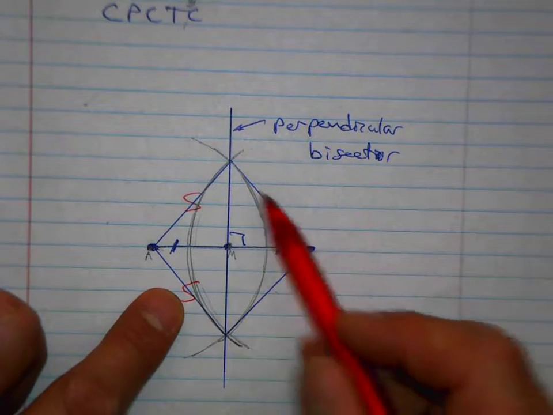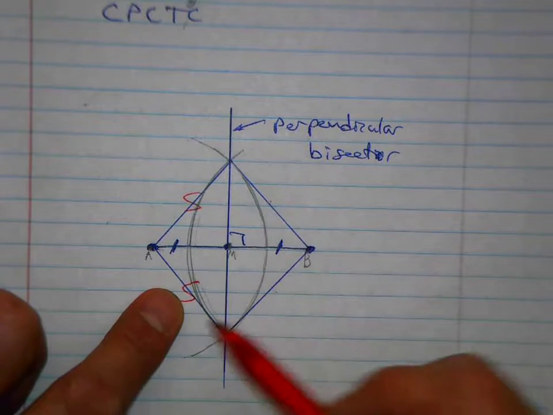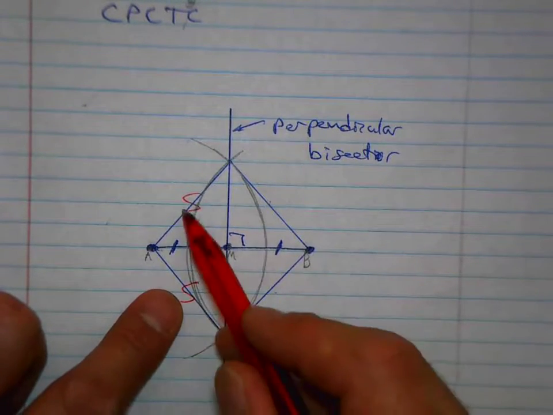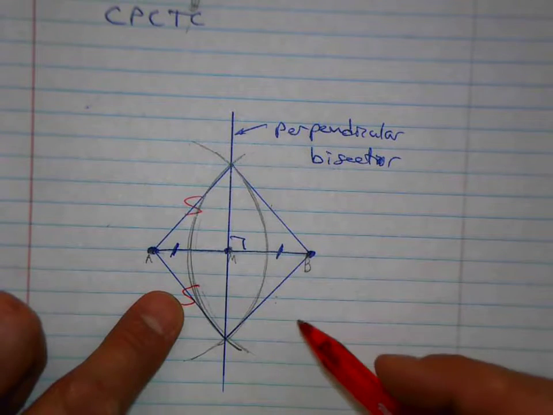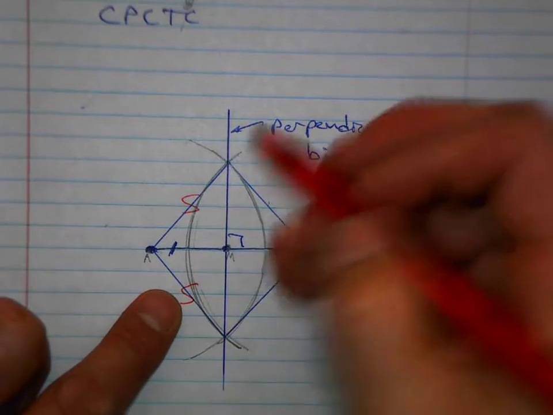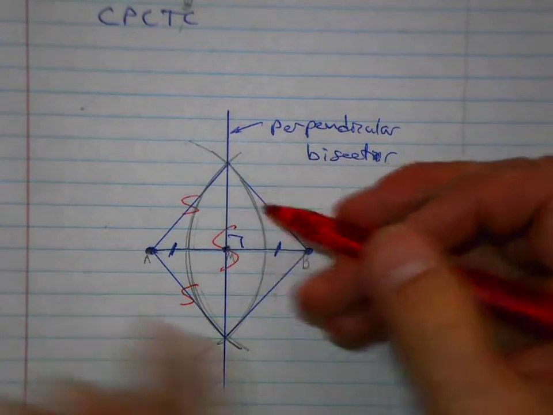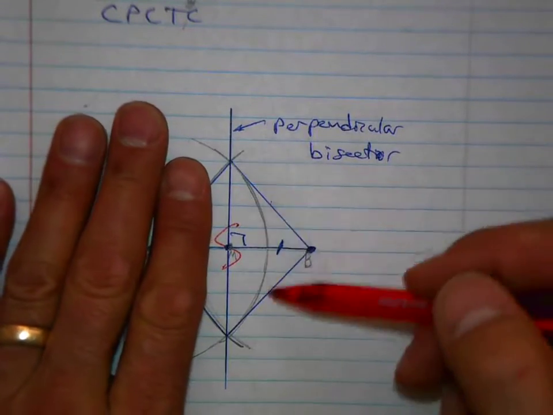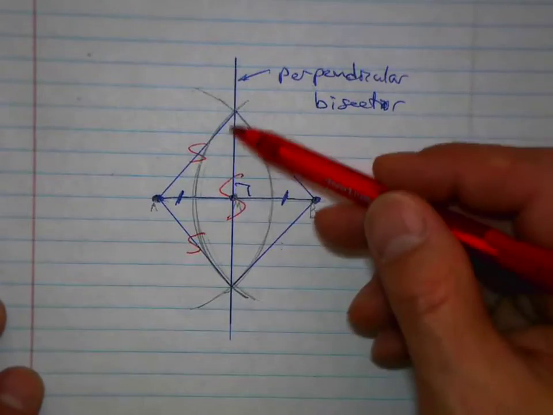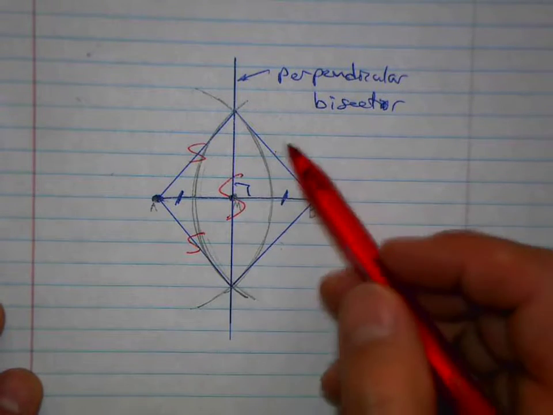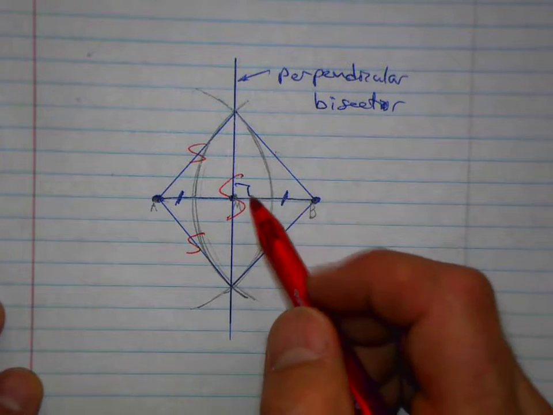In fact, it's actually an equilateral parallelogram here, so all 4 of these happen to be the same length. And also, of course, this third side is shared by the left triangle and the right triangle. Therefore, through the reflexive property, we have a third pair of congruent sides.